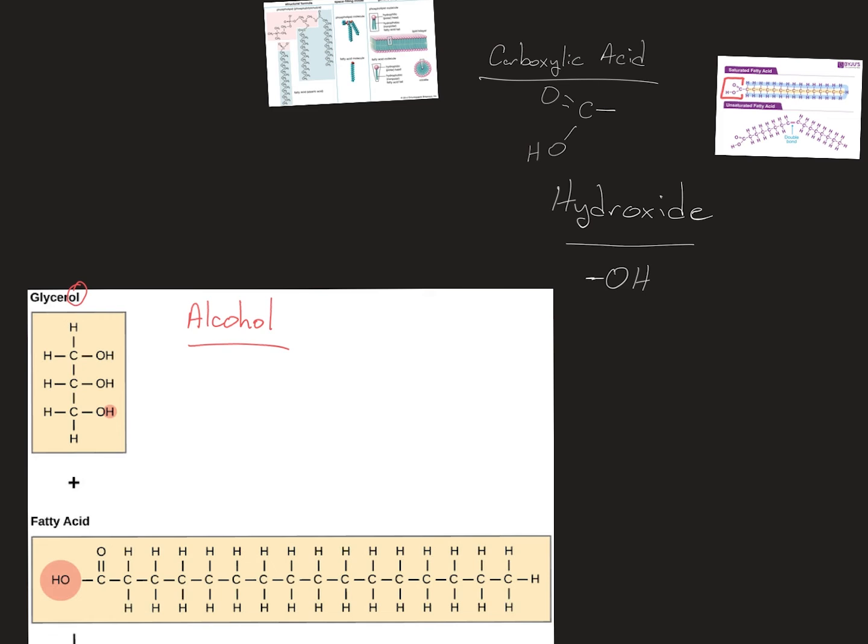So we can do a process called dehydration synthesis. If I use the word synthesis, what does that mean to you? Make is correct. If I use the word dehydration, what does that mean to you? Taking out water. Very good. I like some of your thinking, though. You weren't too far off.